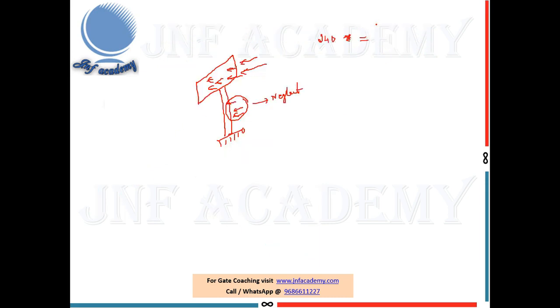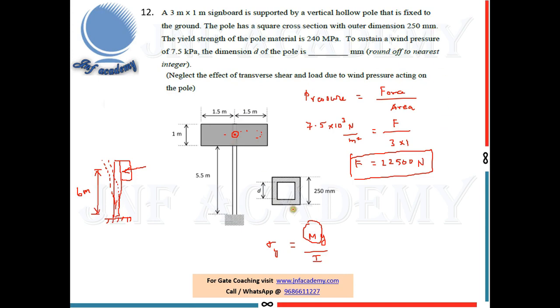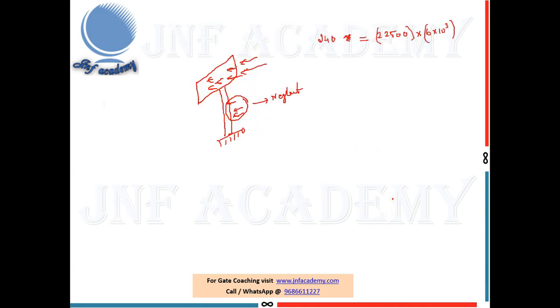Force is 22500, into perpendicular distance 6 meter, into y. The cross section outer size is 250, and inner size is d. So the y is 250 by 2, so 125.